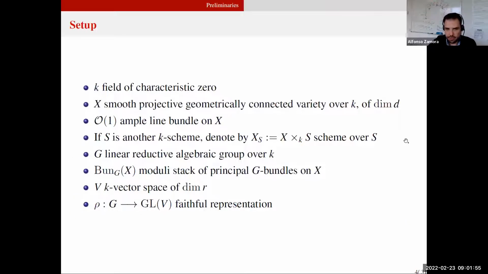So the setup for this is: K will be a field of characteristic 0. This doesn't work to the full extent in positive characteristic, so let us restrict ourselves to characteristic 0.